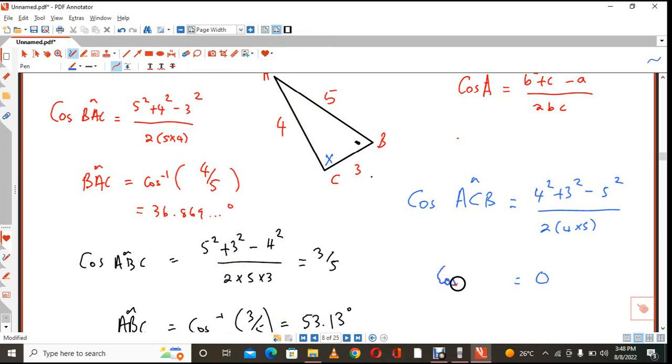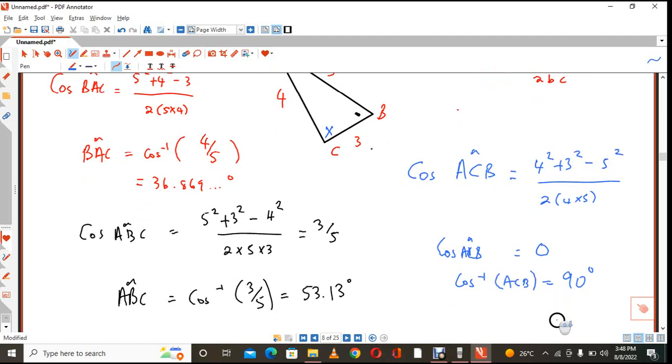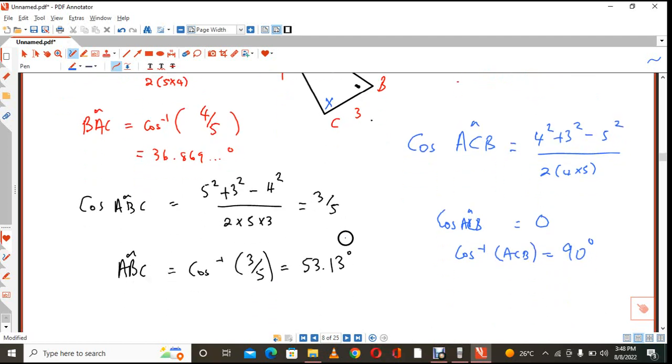If you want to find angle ACB whose cosine is 0, you're going to see that it is equal to 90 degrees.